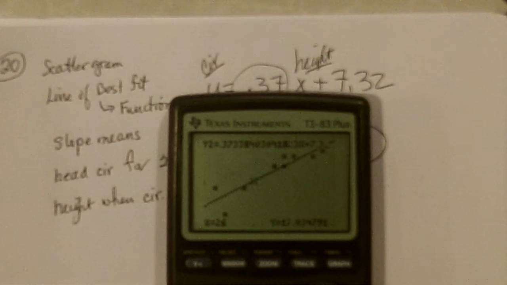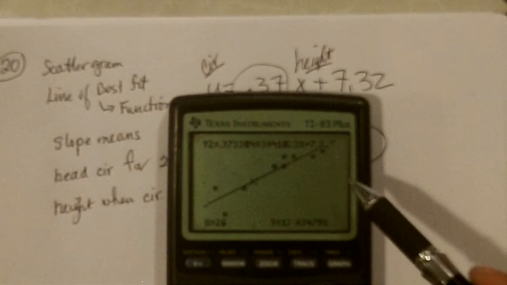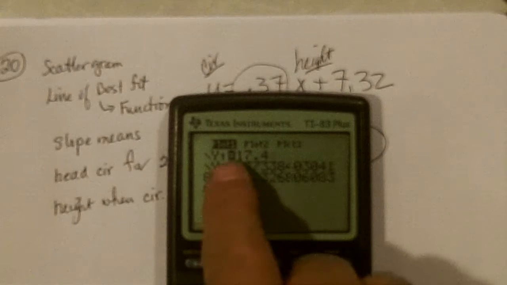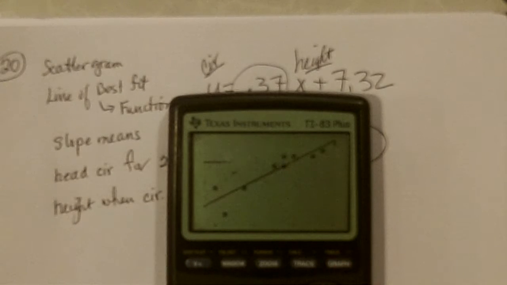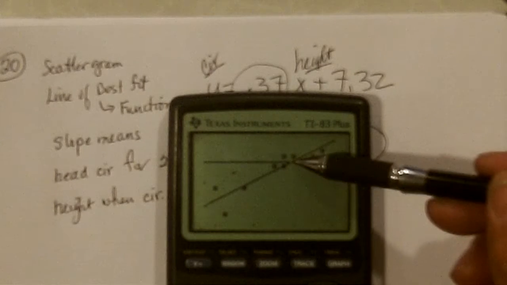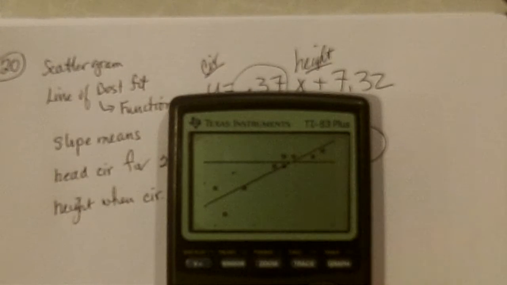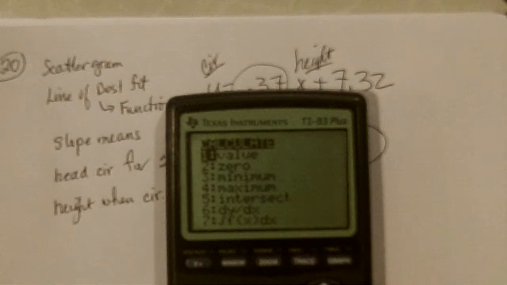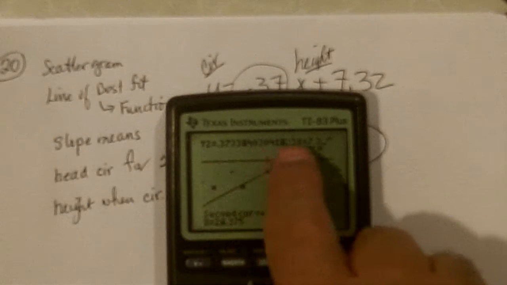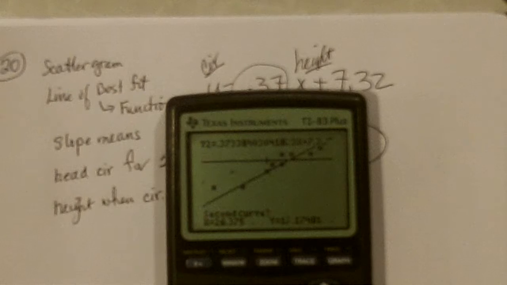And what is the height of a child who has a head circumference of 17.4? So let's go to y equals and put in 17.4 for a horizontal line graph. And right there is the head size that has that. That's at the intersection of these two. So I can go second, calculate the intersection of that equation, 17.4, and the equation that it found for me for the line.